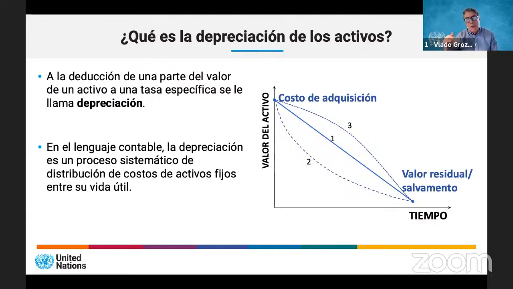The depreciation is starting, but when the buildings come, in the middle of the life, when we start to use our asset, it is going to depreciate quickly and lose value over time. In accounting terminology, depreciation is a systematic process of distributing the cost of fixed assets over the useful life of the asset. Next slide, please.